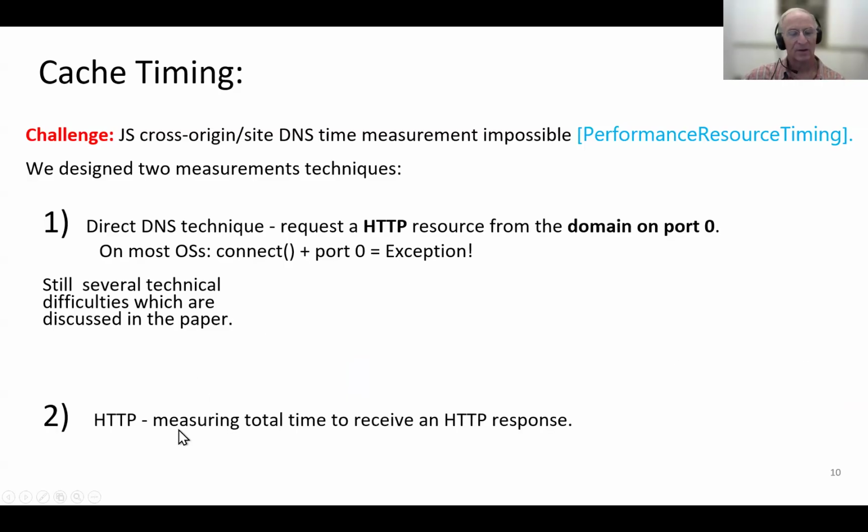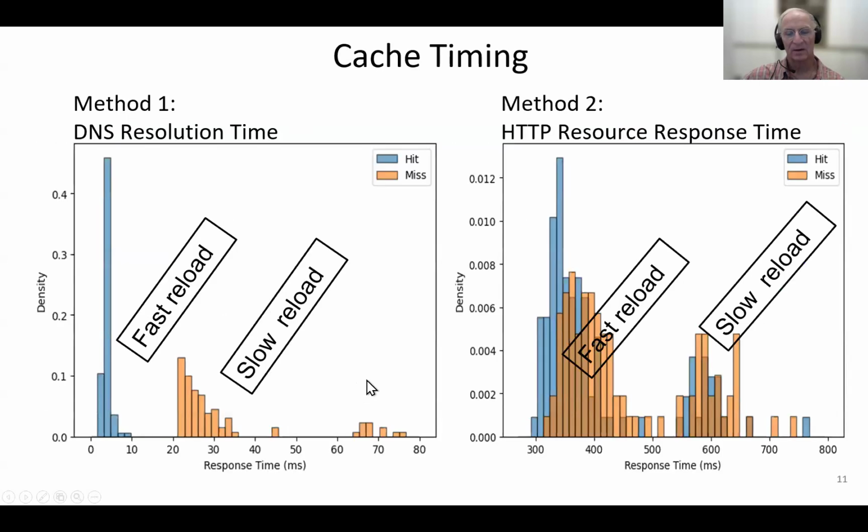And then there is simply a reload of the HTTP resource for the domain of interest, bank.com, or any domain the attacker wants to infer whether the victim is visiting. And we see that with the DNS port 0 trick, we get a very good distinction between the fast reload and a slow reload, and it gives us good results for the attack.